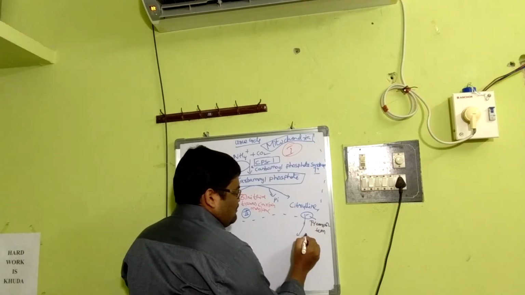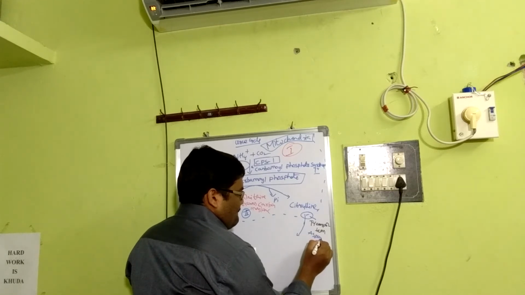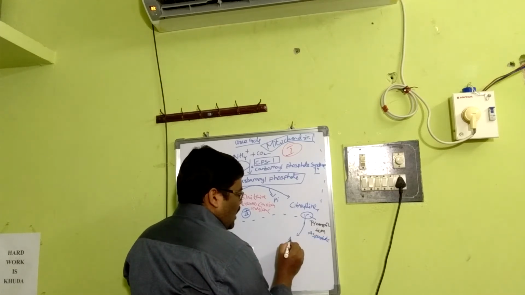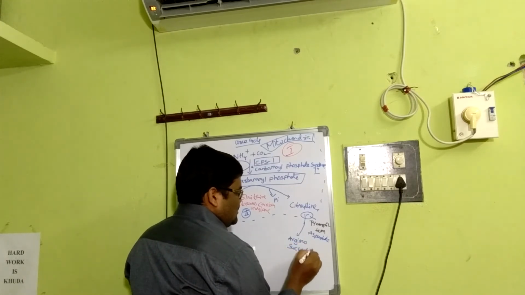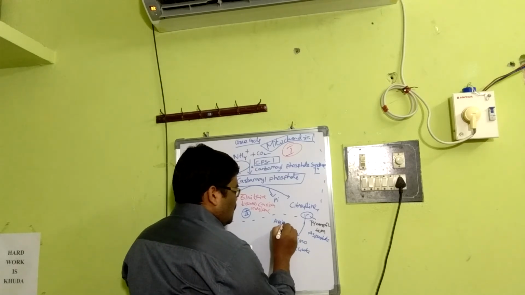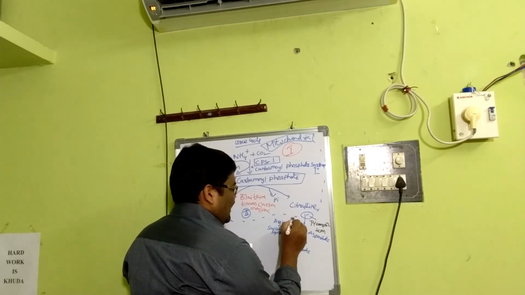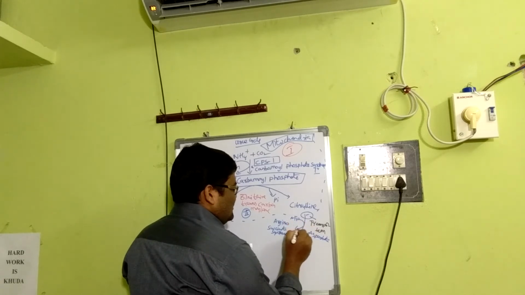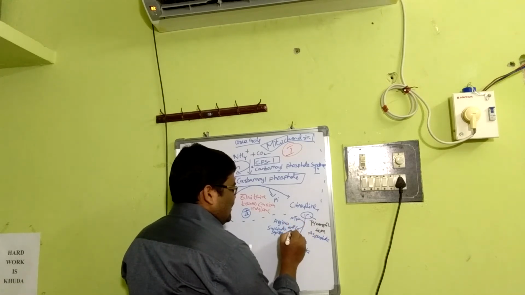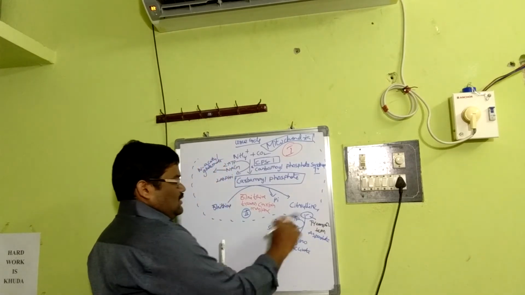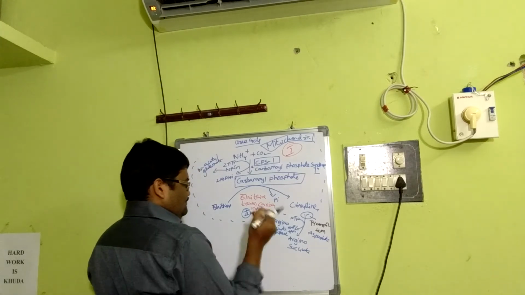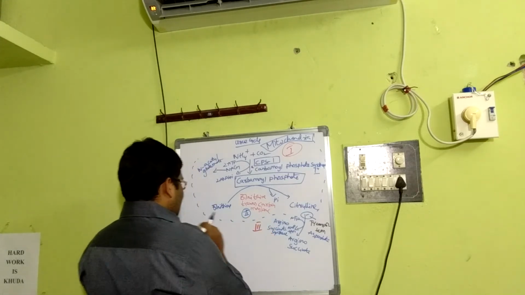It condenses with aspartate to form argininosuccinate, catalyzed by the enzyme argininosuccinate synthase. Here ATP will be utilized, ultimately giving AMP plus PPi, and this PPi will later lead to inorganic phosphate. This is the third reaction in cytosol.